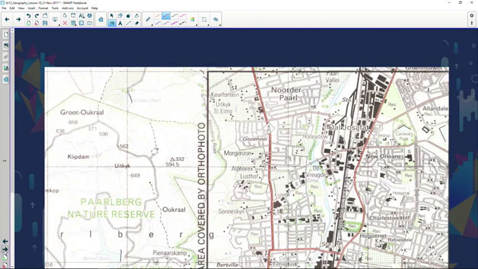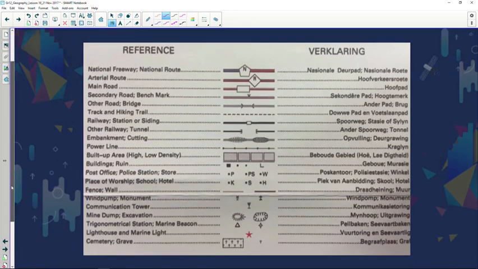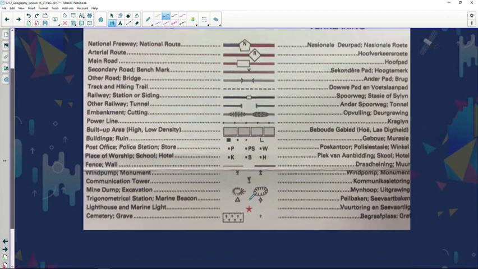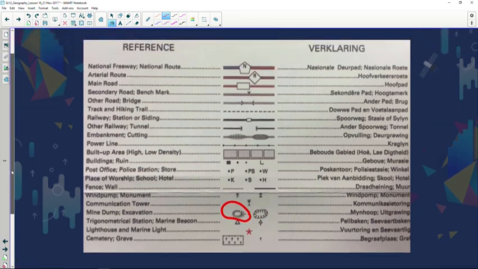If you look at this reference, the mine dumps are circles with lines drawn on the outside, and excavations, as you can see, are shown with a picture like this. Now keep in mind, another indication to show if a place only receives seasonal rainfall is the amount of wind pumps. Wind pumps are used especially in dry areas to gain access to groundwater.